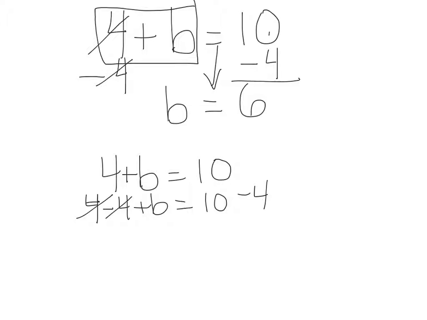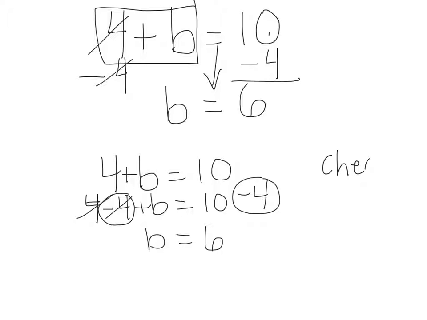And 4 minus 4 cancels each other out, or equals 0. I'm left with a positive b, and 10 minus 4 equals 6. So I come up to the same solution, whichever format works best for you. But you have to make sure that you're doing the same operation on both sides.